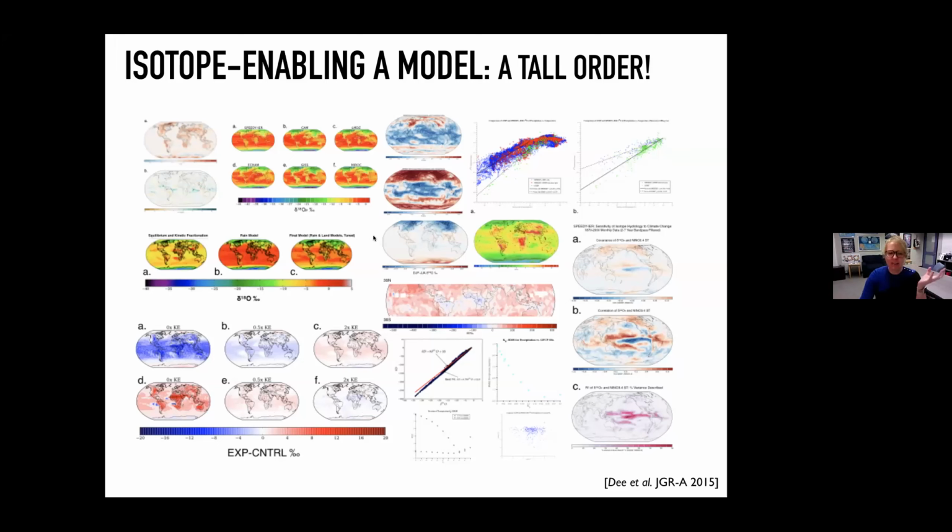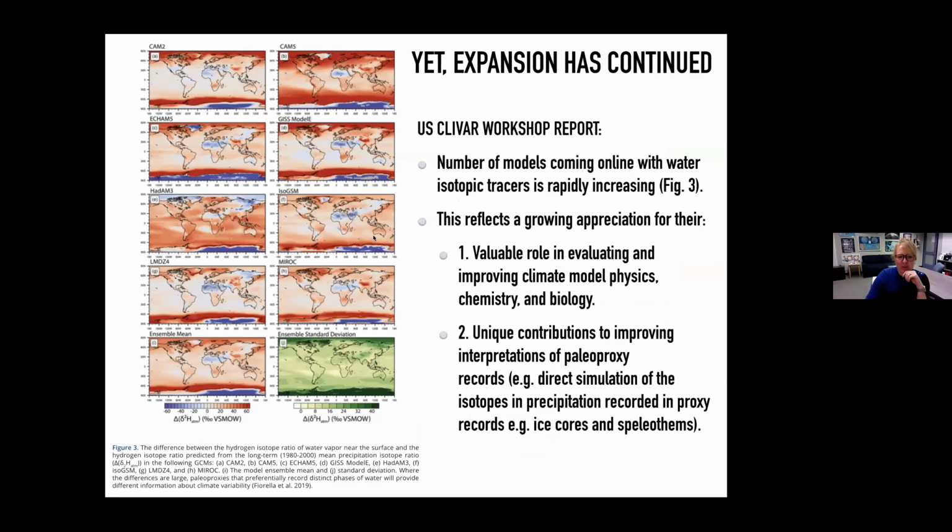And yet, despite the fact that it is difficult, expansion has continued. This is a figure from our US CLIVAR Water Isotope Working Group workshop report. We had a meeting in 2019 in Boulder, and this is just comparing many of the isotope-enabled models on the market today. The number of models with isotope tracers is rapidly increasing.